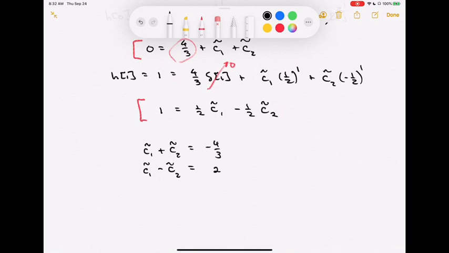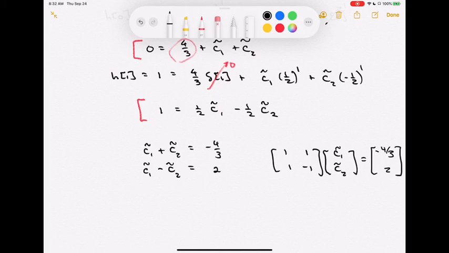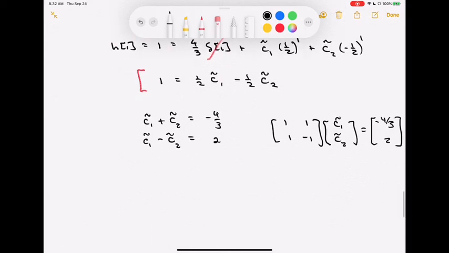Something along those lines. Now I could set this up in matrix form, right? I could go something like 1 and 1 and 1 and minus 1, acting on my coefficient vector C1 tilde, C2 tilde, being equal to this observation vector minus 4/3 and 2, something like that. I could certainly do that and solve it in the standard linear algebra way, but I've already got something pretty close here.